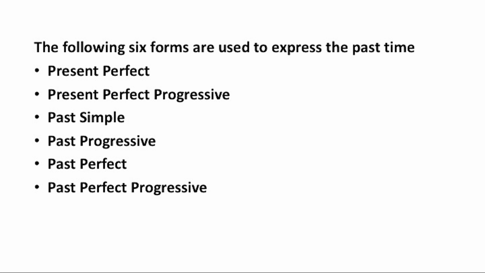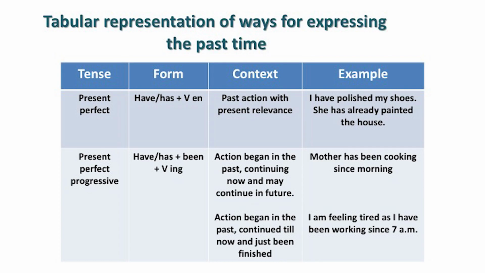In this way I had given you 6 ways of expressing the past time, and likewise the ways of expressing the past time can be represented in a tabular form. You look at the screen and you can find it. Students, it will be easier for you to remember if you remember the tabular form of the expression.